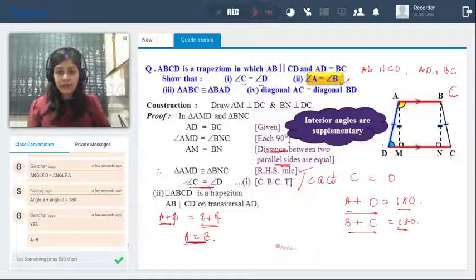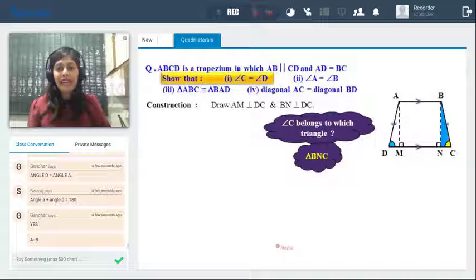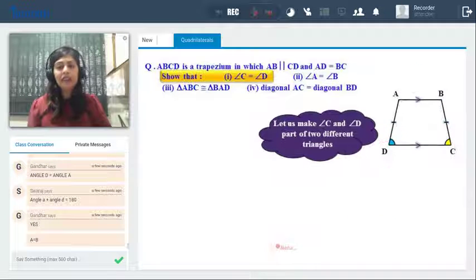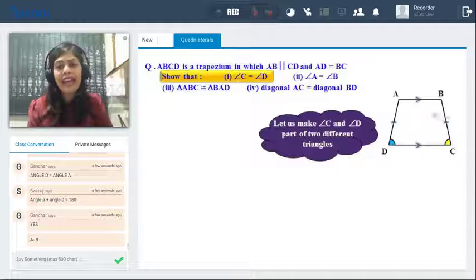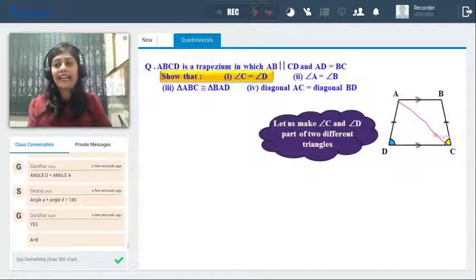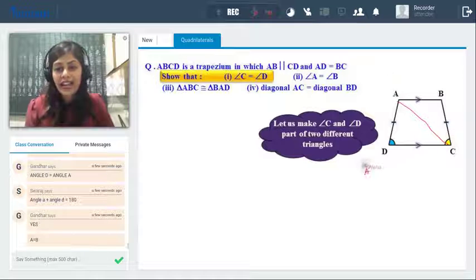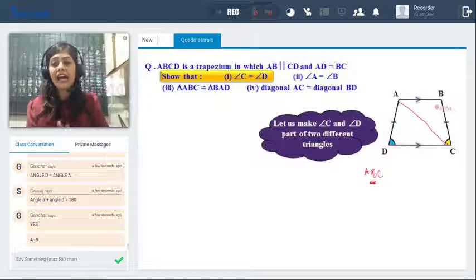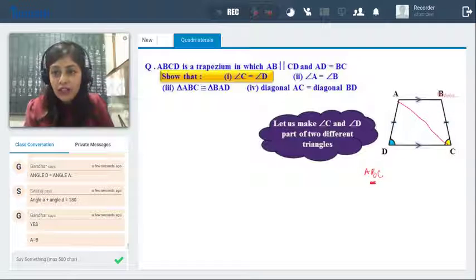All right. Now, if you had to prove A equal to D, was there another way? And is there another way to prove A and B equal to each other? Students, pay attention. If I draw diagonal AC, I have triangle ABC in which we have entire angle B. And I'm also going to draw diagonal BD.